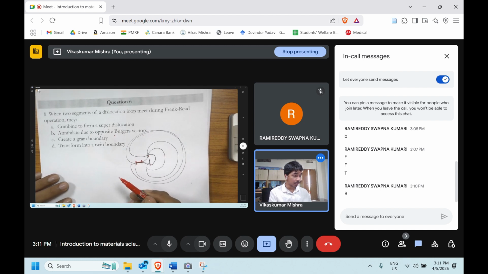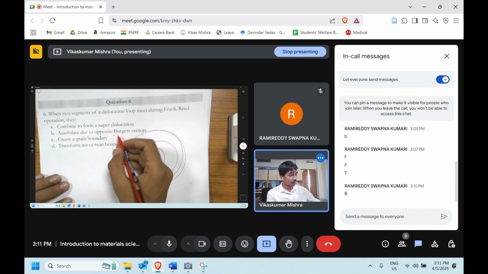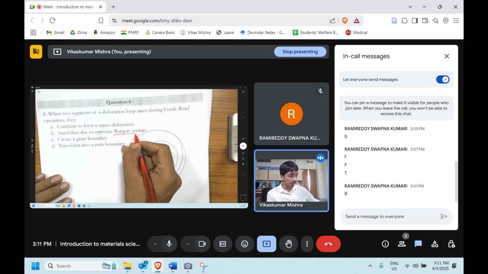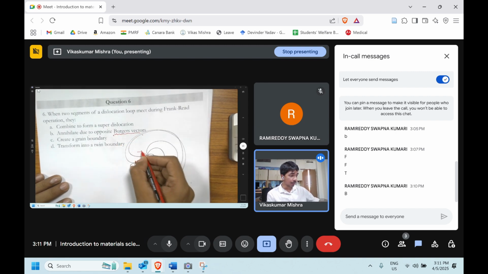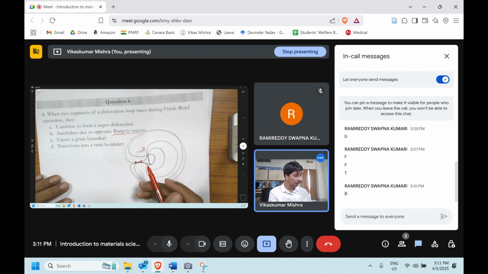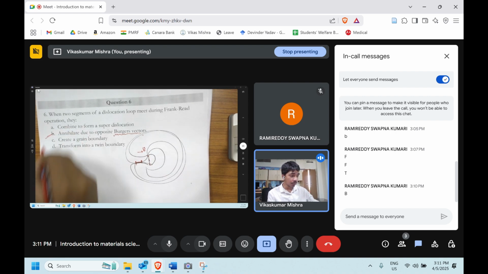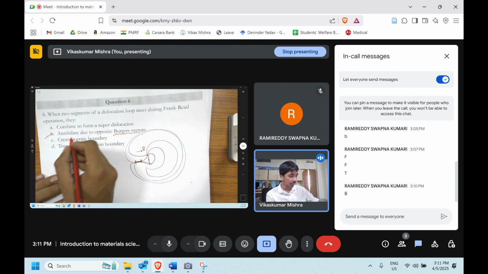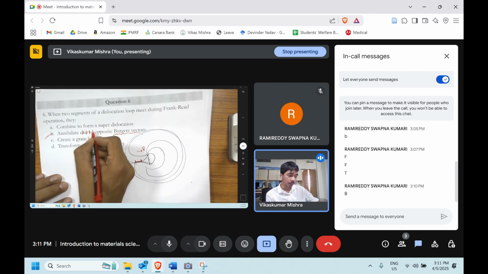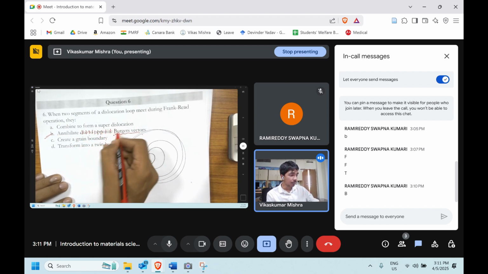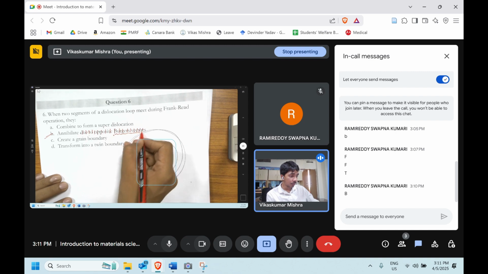Actually, it's incorrect. None of the answers is correct. They all have the same Burgers vector, they only have different signs. Anyway, for the time being we'll consider this, but they will annihilate. That is the thing which we will remember. Let me cut this part because the Burgers vector is not going to change.